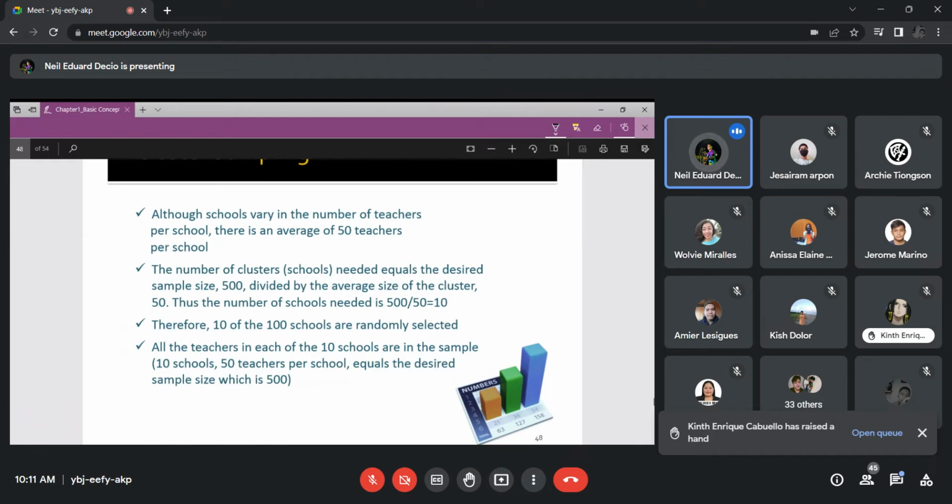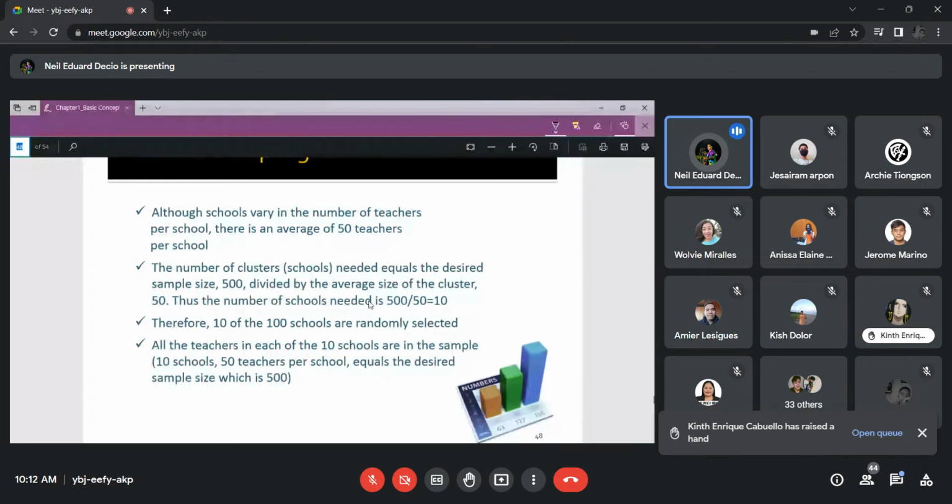You cannot select 10 schools and then randomly select again within those schools. Okay, so that is no longer cluster sampling. Because in cluster sampling, once you select a cluster, automatically all the members of that cluster would be included in the sample. Okay? Do we have any question for cluster sampling?